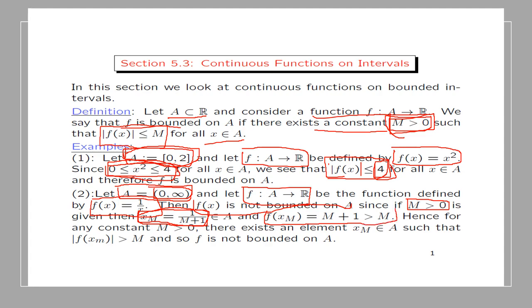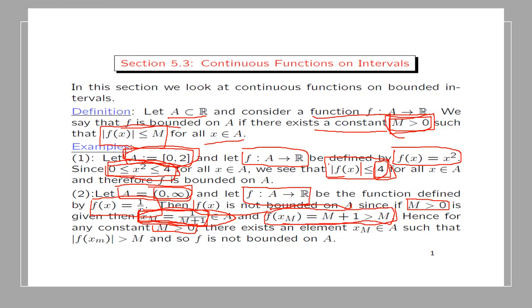Therefore, given any constant m bigger than 0, you will always get an element xm in A such that f of xm is bigger than m.